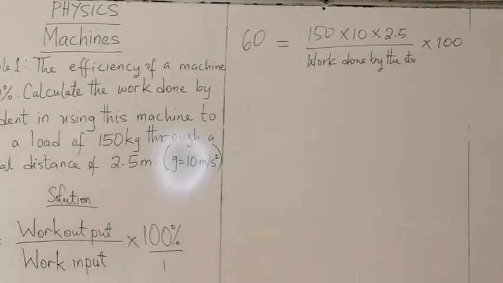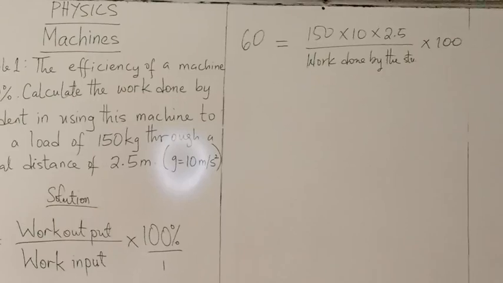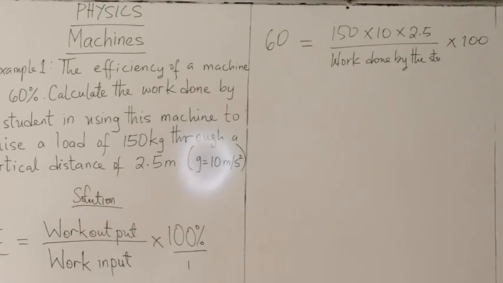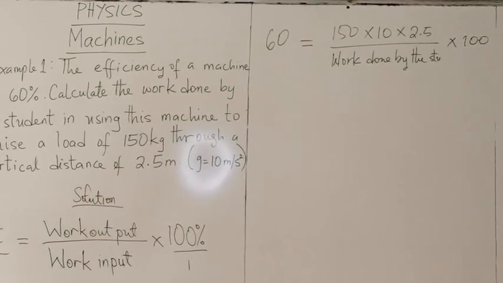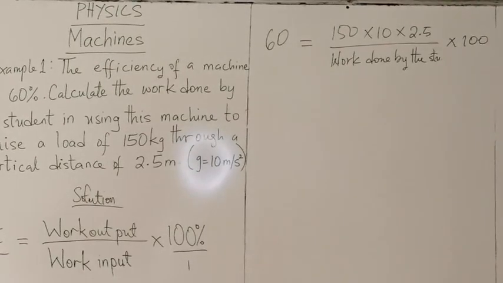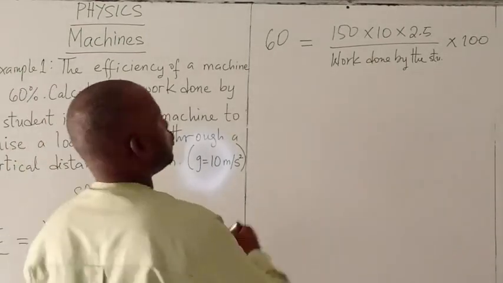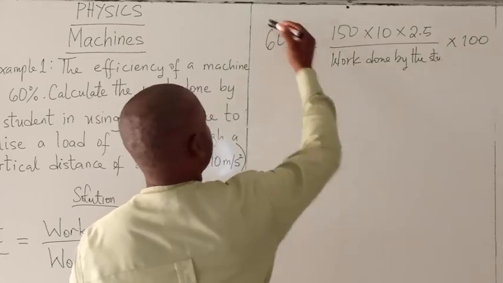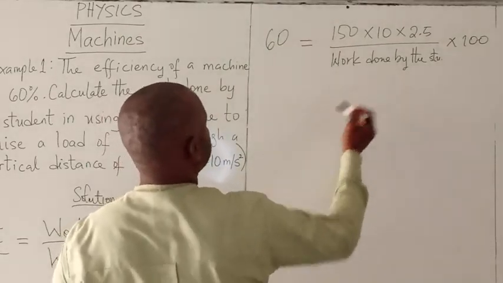60% is efficiency. The mass of the body is 150 kilograms. Acceleration due to gravity is 10. And then the distance is 2.5 meters. We do not know the work done by the student. That's what we're going to calculate now. Do you remember cross multiplication? Work done by the student is going to come up, and then this 60 comes down here.